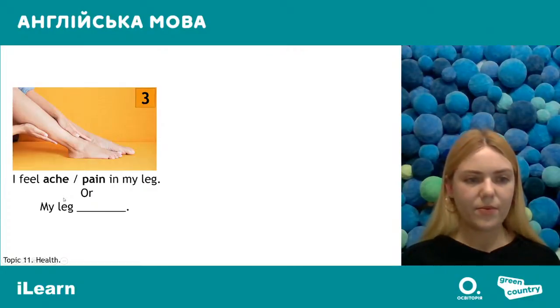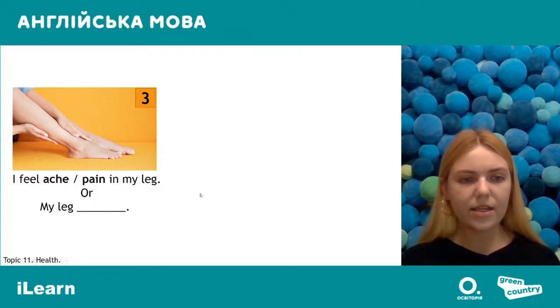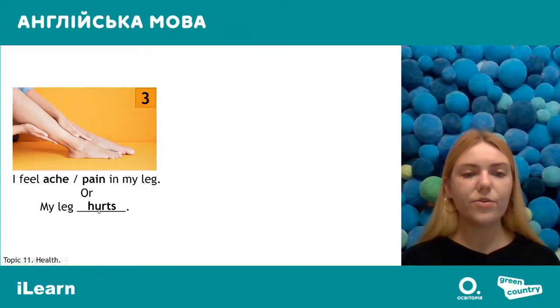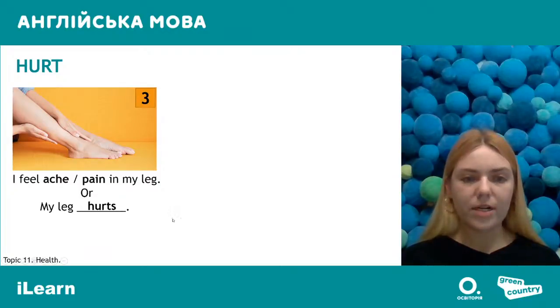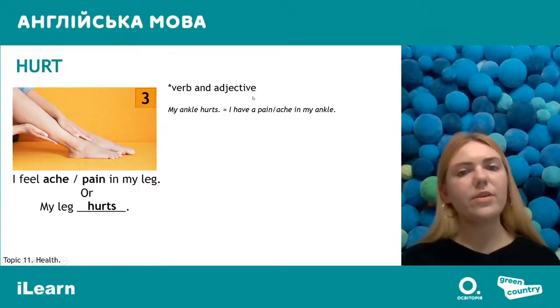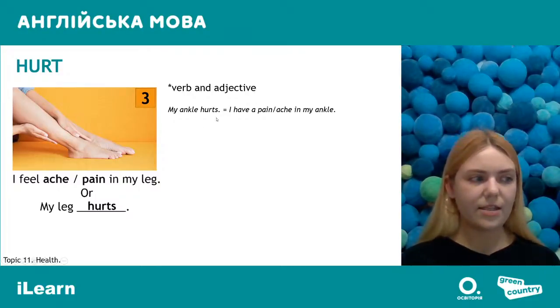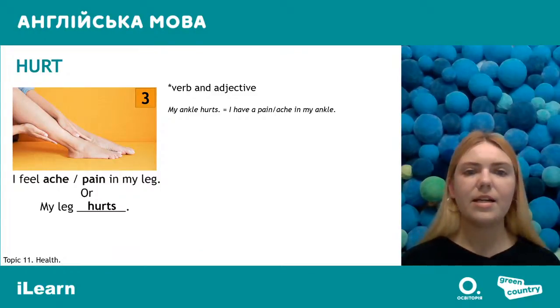And one more. So we can say that in this picture, the person feels ache or pain in his or her leg, or we can say that my leg hurts. So one more word, that is hurt, and it can be a verb or it can be an adjective. If you use it as a verb, it's an irregular verb, so all three forms are the same.